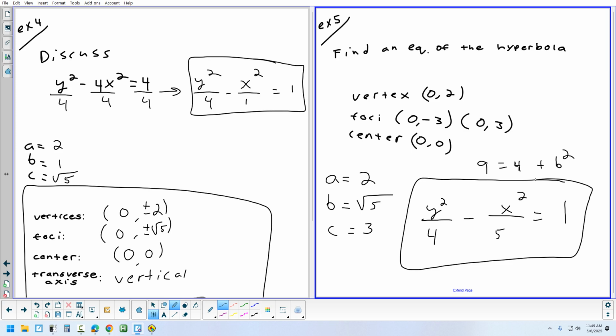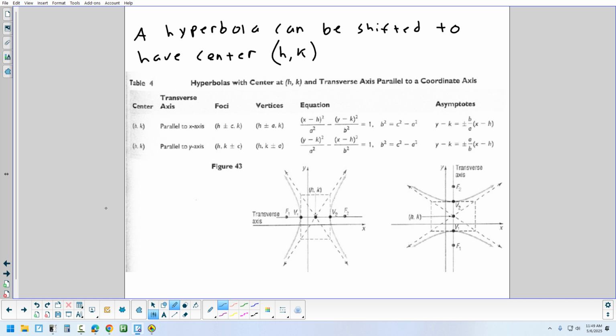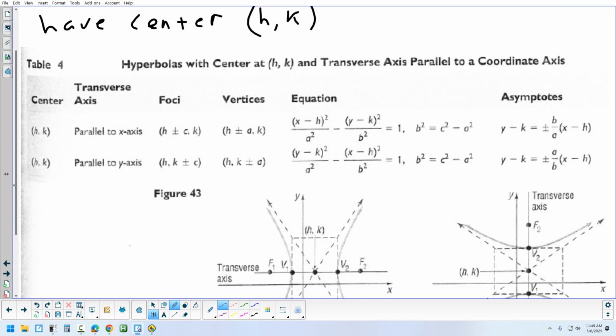So let's finish up with a shift. Now, the book gives you all these fancy formulas to try to figure out the foci and the vertices and the asymptotes, all kinds of stuff. The only thing that I worry about is that I don't care about any of that other stuff.